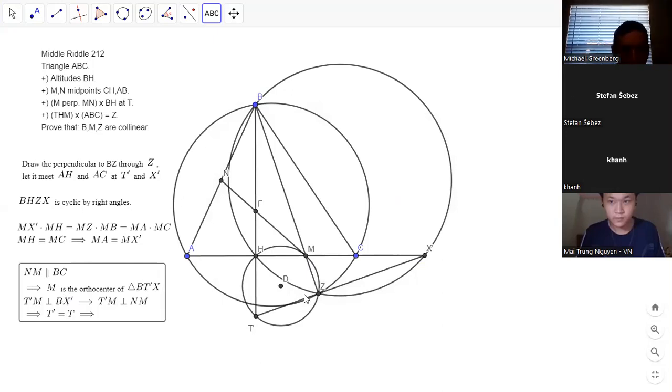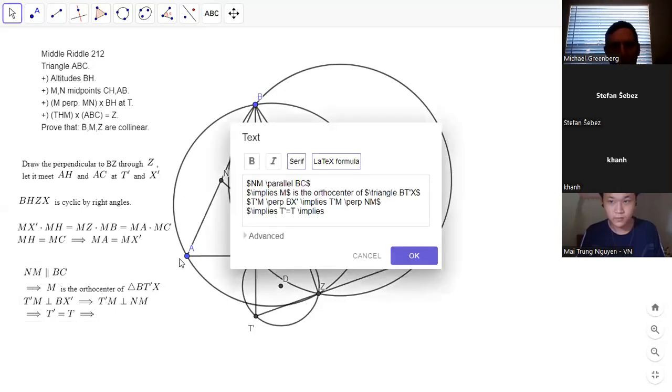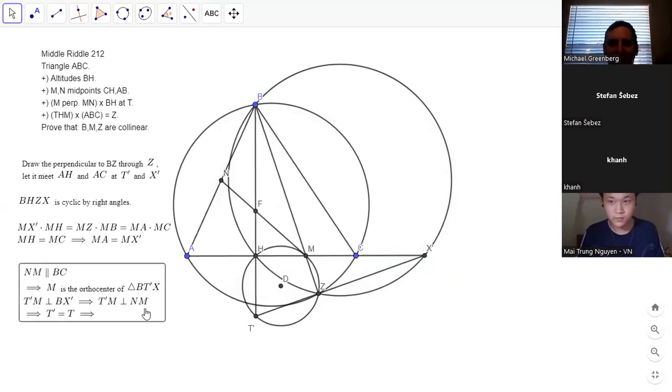Let me think about that. So T prime equals T, that means that Z prime, Z prime, yeah. So Z, how did we define Z? Oh, BM, okay, so yeah, okay.